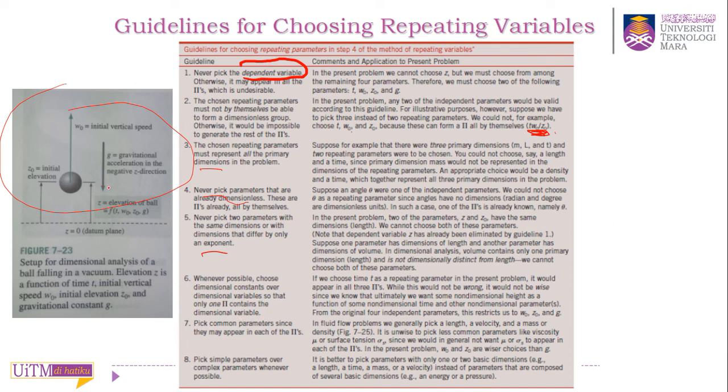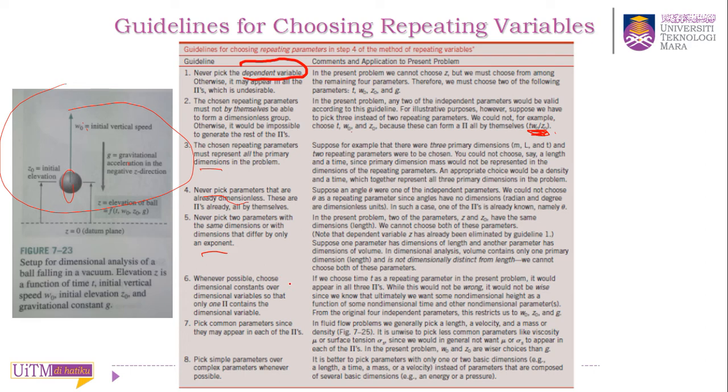In the example they give, you cannot choose t, because in this example the ball falls, so they have z naught, the initial elevation, the height L, and z, which is also L, and you have g, and speed and acceleration. They cannot choose t, because if they choose t as the repeating variable, it will appear in other pi.